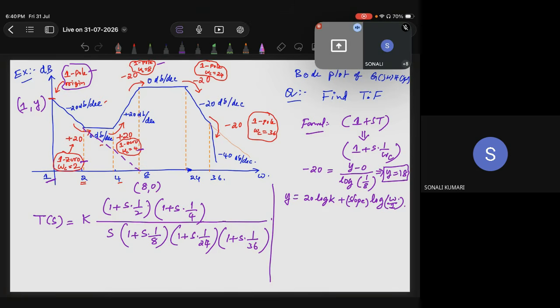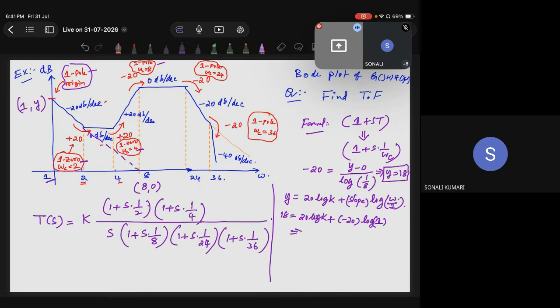To calculate the next value, k is the gain at 0, gain at 0 plus slope change multiplied by the two values, which will give you the next value, that is nothing but y. Now you substitute the values. So 20 log k plus slope is minus 20, and omega is 1 here, log 1, and log 1 is 0.